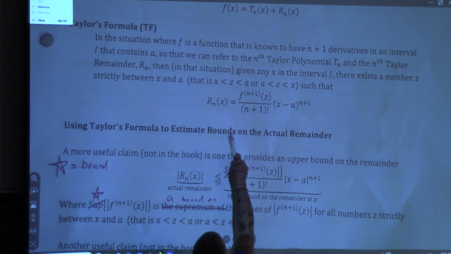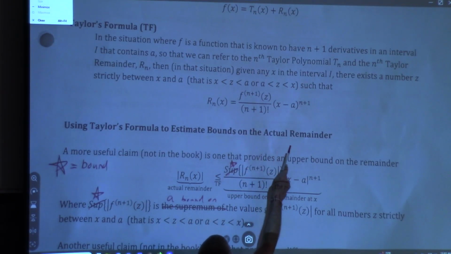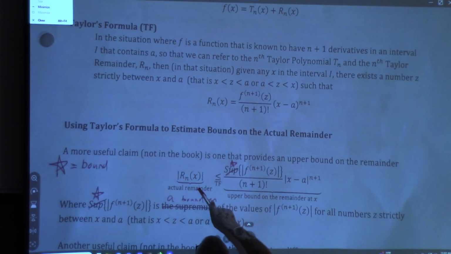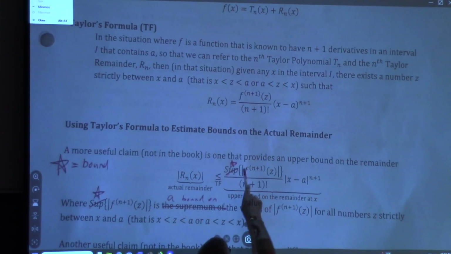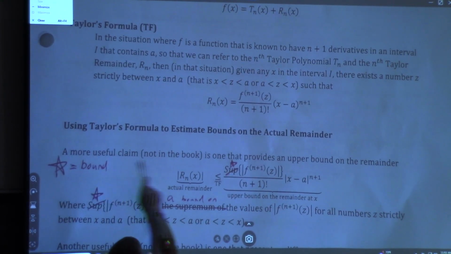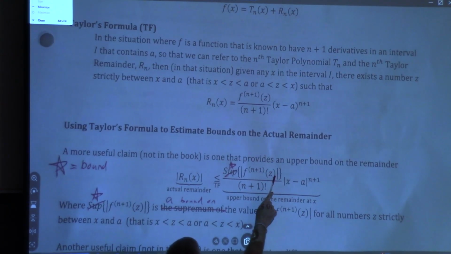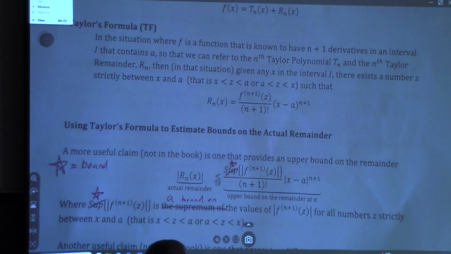That remainder is exactly true at one particular value of f^(n+1) of z. But if I'm just interested in the worst case, what's the bound on this, well, I could look at all of these things and take the biggest one, take the bound on that set. Then the actual remainder is going to be less than or equal to that thing. That's something I can compute.